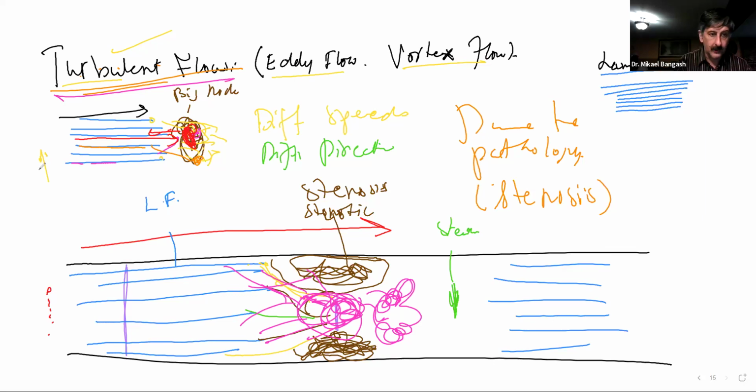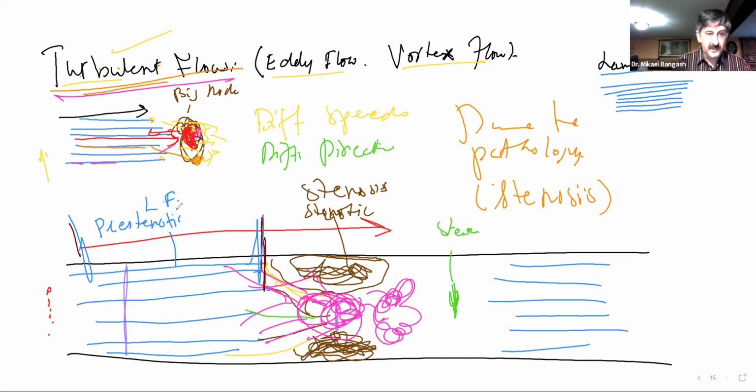But what we call this area here, where we started off with a regular flow, which comes before the stenosis, can be referred to as pre-stenotic, just because it is before the stenosis.